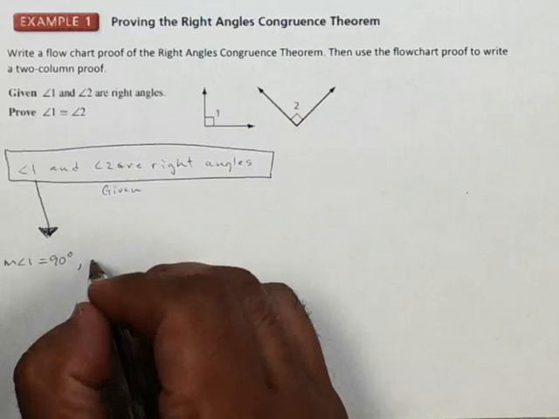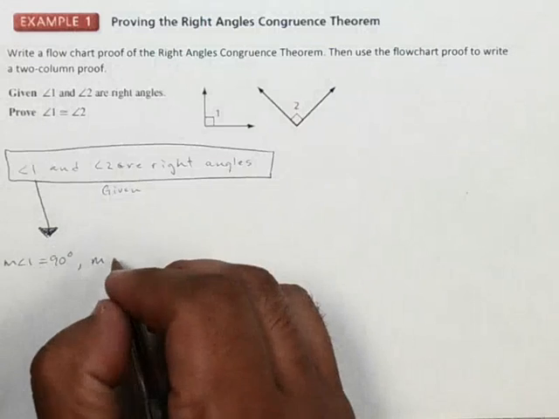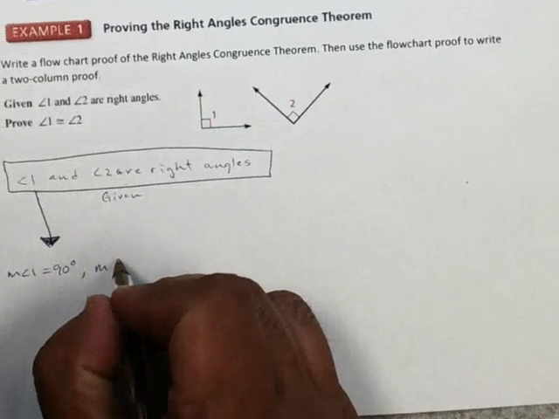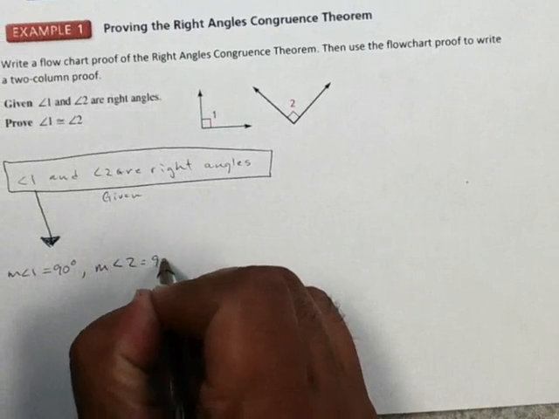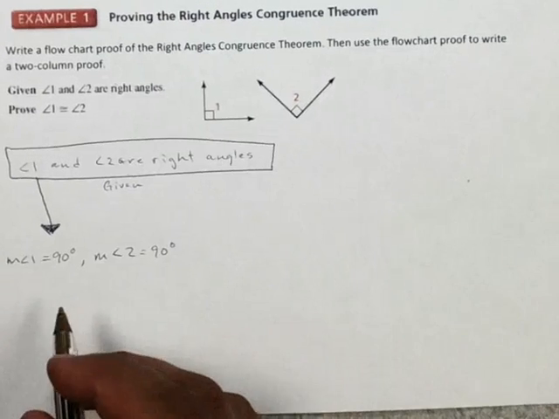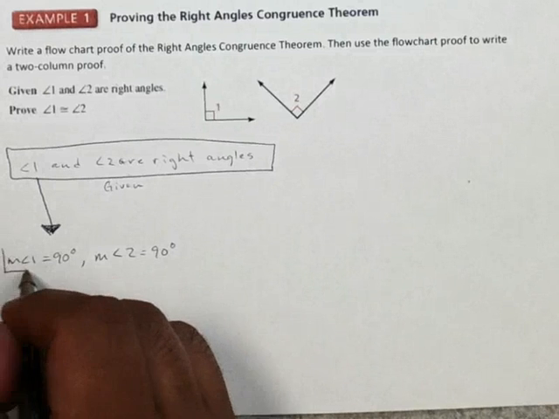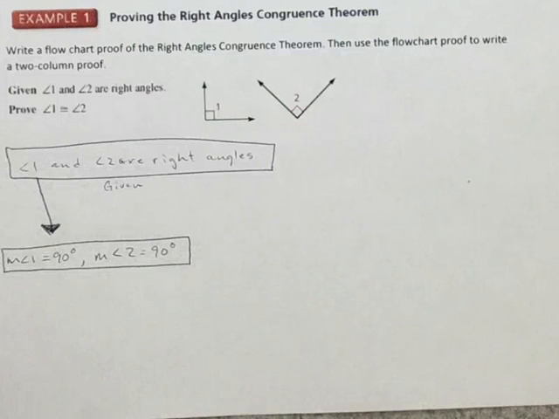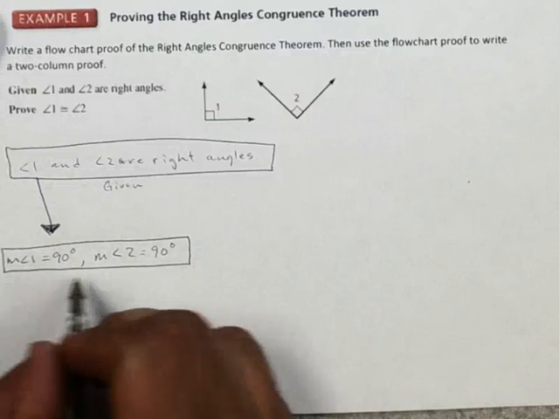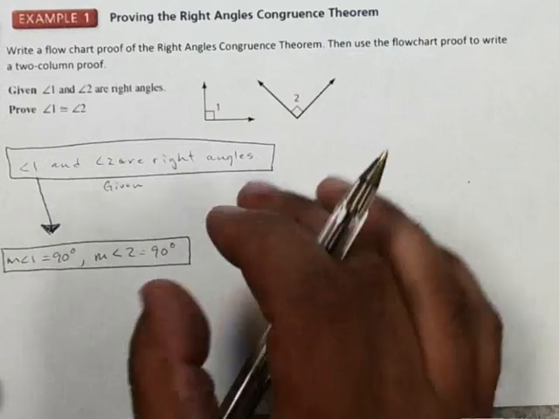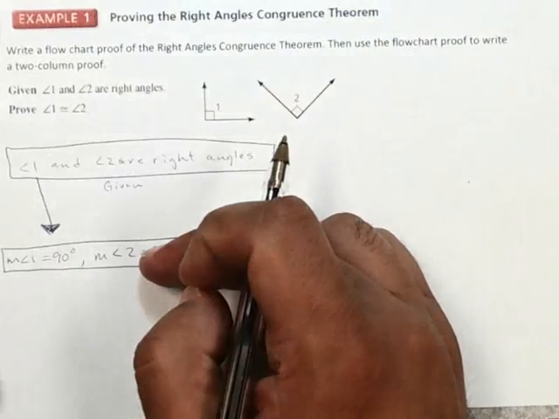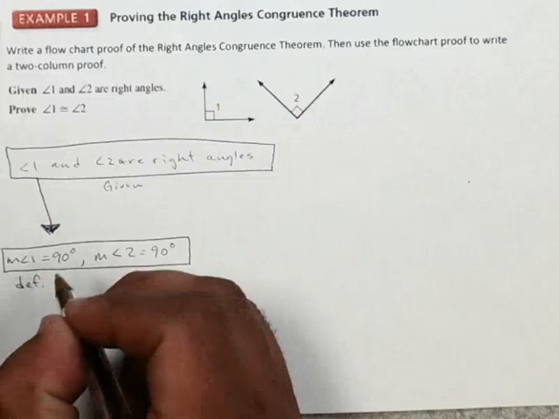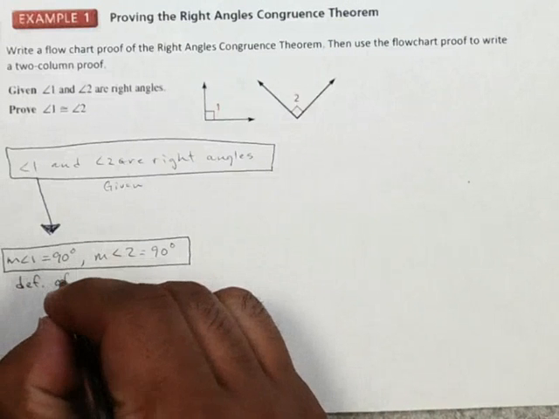Same thing with angle 2: if angle 2 is a right angle, I can translate that into saying the measure of angle 2 is 90 degrees. Our statement goes inside the rectangle, and the reason goes underneath. I can go from this statement to this statement because that's the definition of a right angle.